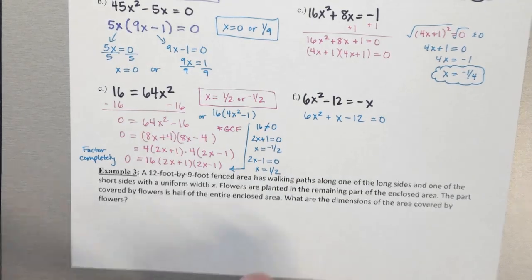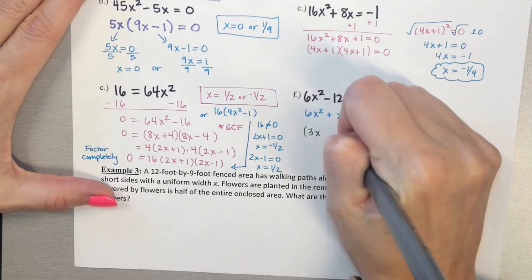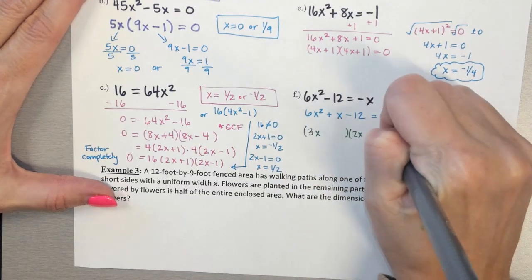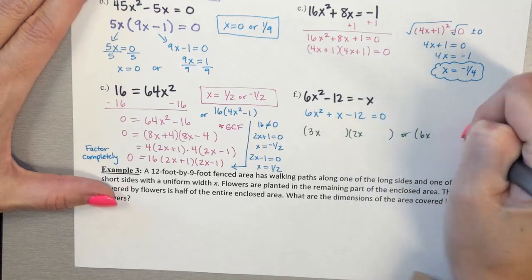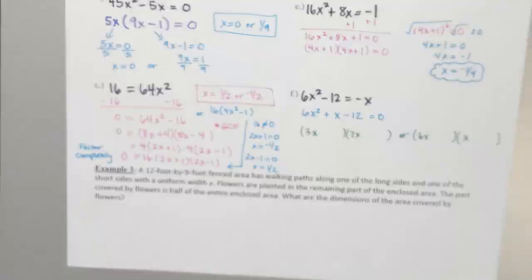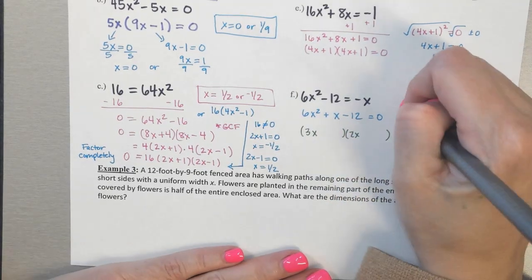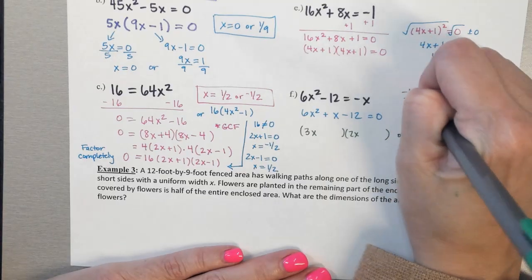And you can decide what is going to work best for you. So you have two options, right? You can start with 3x and 2x, or you can start with 6x and x, or you can do the house method.